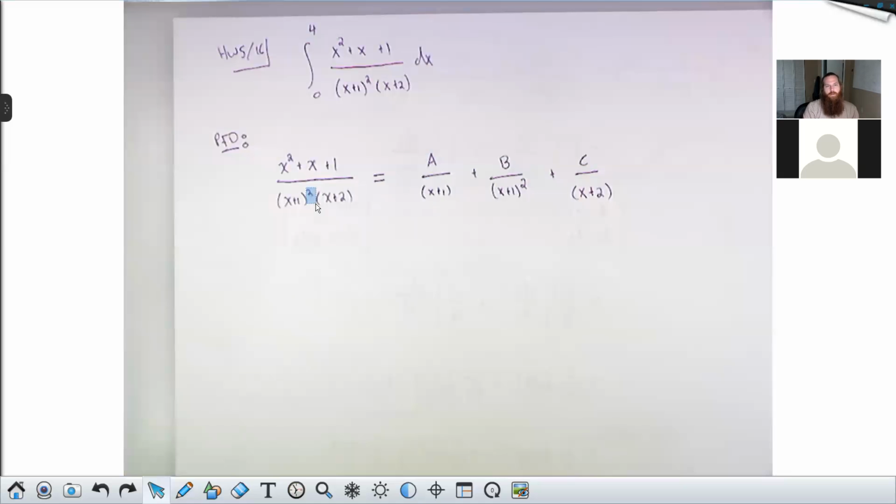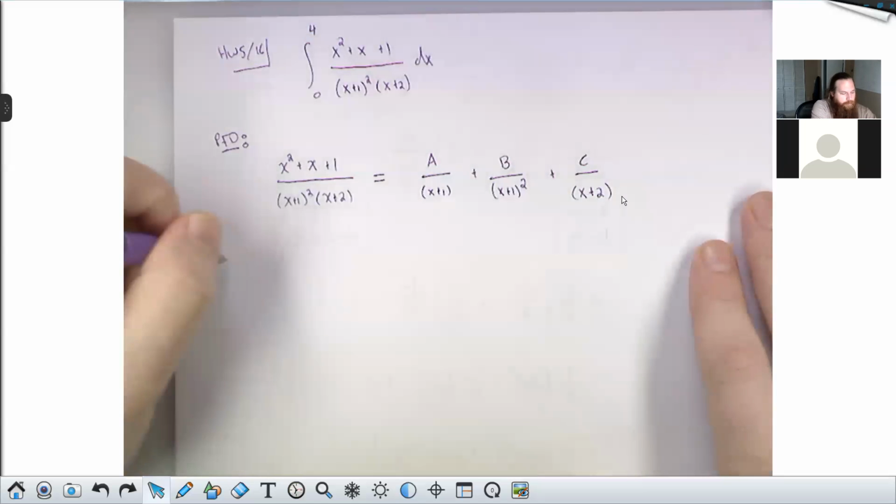If this was a 3, there would be 3 terms with x plus 1 downstairs: A over x plus 1, b over x plus 1 squared, plus c over x plus 1 cubed, if this were a 3. But it's not, it's a 2, so it just gets these 2 terms, and then the x plus 2 guy here gets this term. I begin the same way. I'm going to cross multiply to kill all of the denominators.